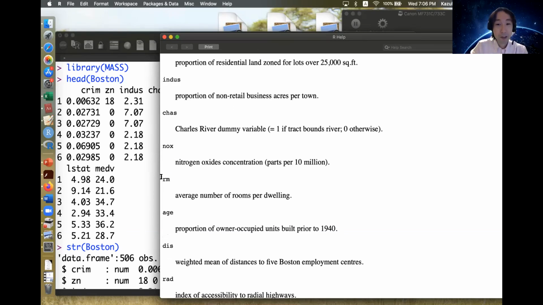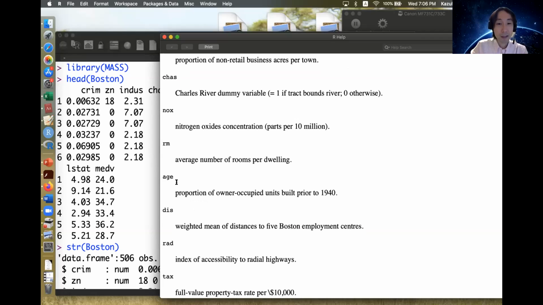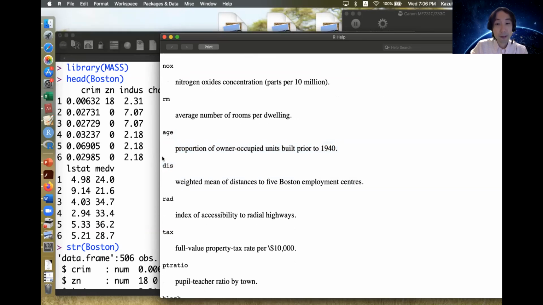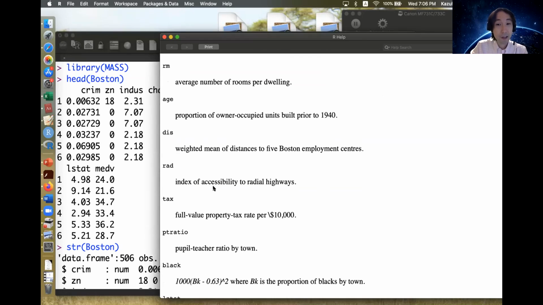And RM, the average number of rooms per dwelling, and the age of the homes, and DIS, the weighted mean of distance to five Boston employment centers. And RAD is the index of accessibility to radial highways.